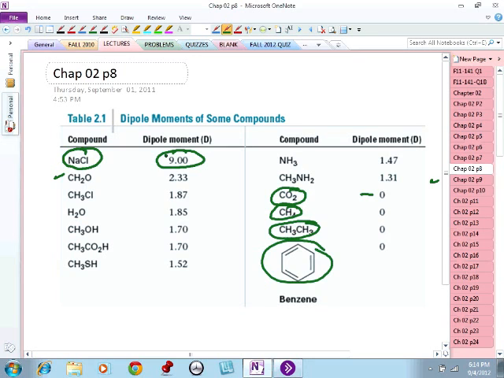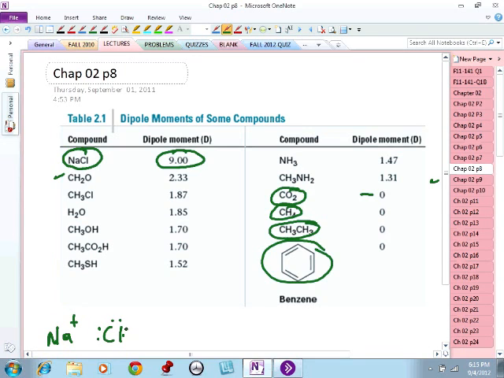So whenever you see a molecule, either organic or inorganic, with such a large dipole moment, you know that the bonding is ionic. In this particular instance, we have sodium being positively charged, and chlorine is negatively charged.